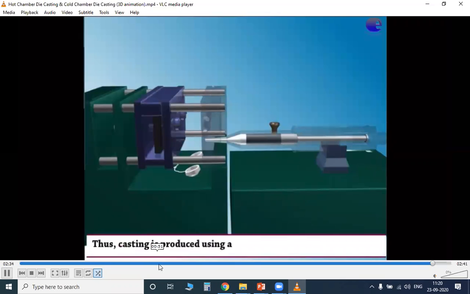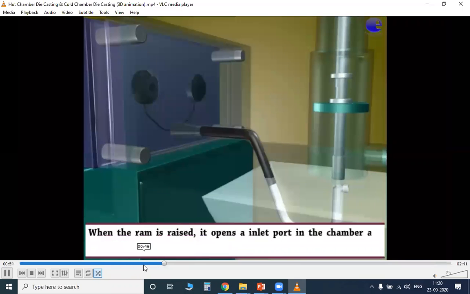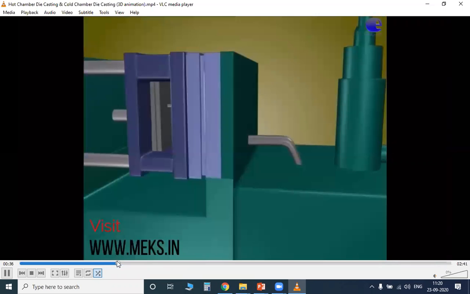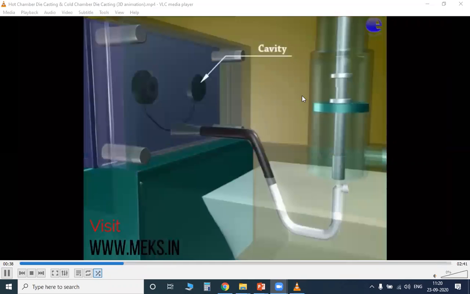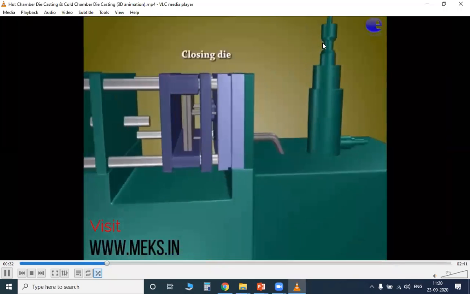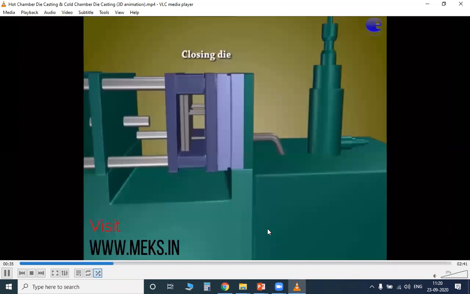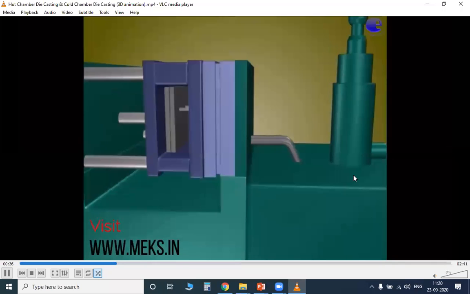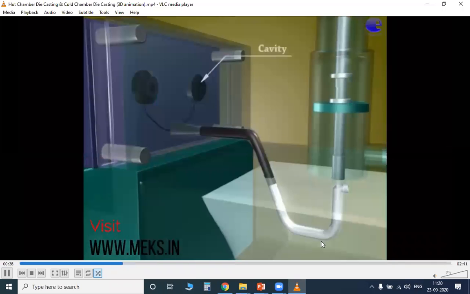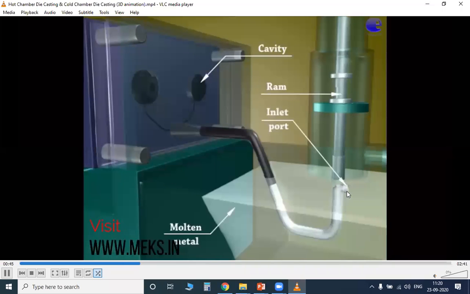Yesterday you saw hot chamber die casting. In hot chamber die casting, you observed the plunger, and this is the holding box where the molten metal is carried. The plunger is submerged in it. It has an inlet port, a tip and a ram, and this has the cavity, inlet nozzle, and molten metal.